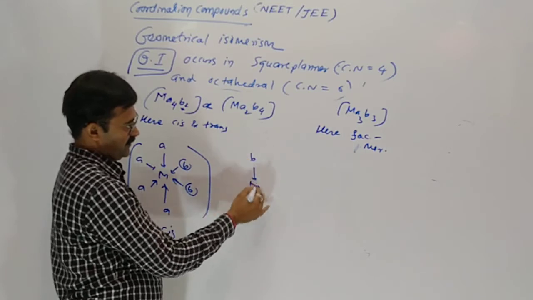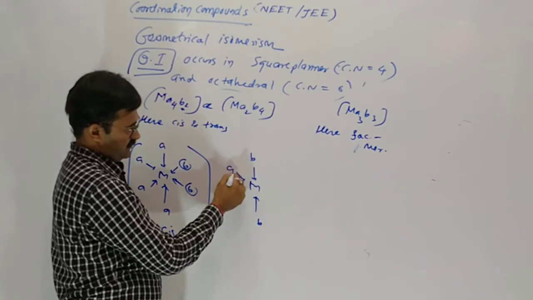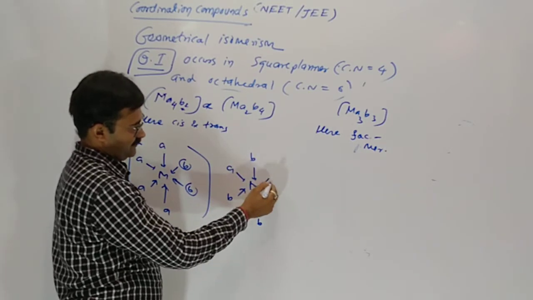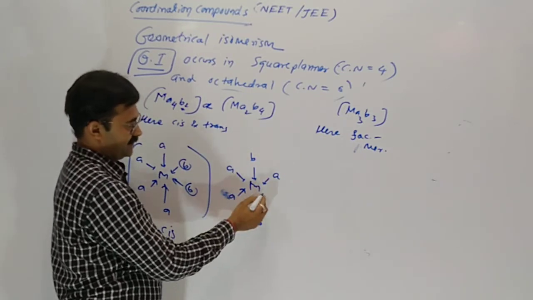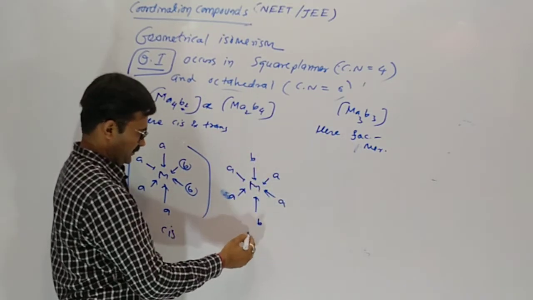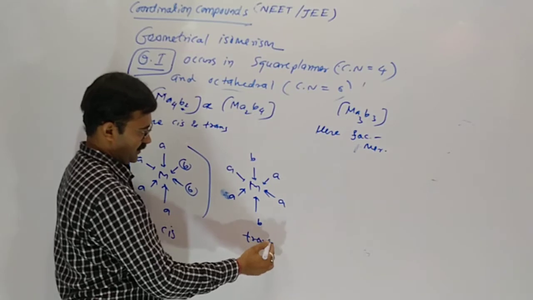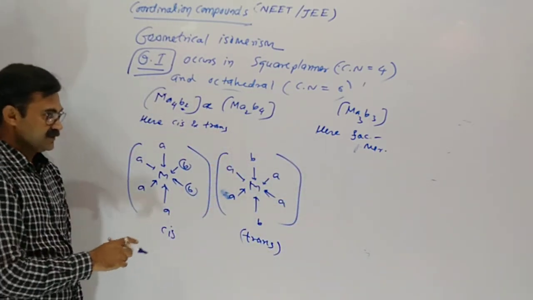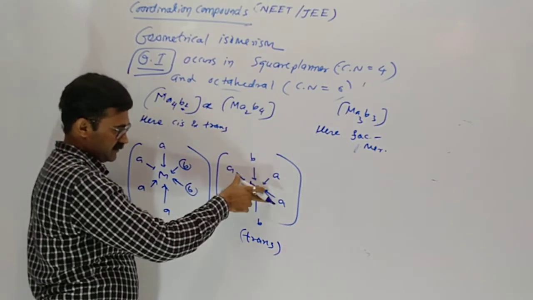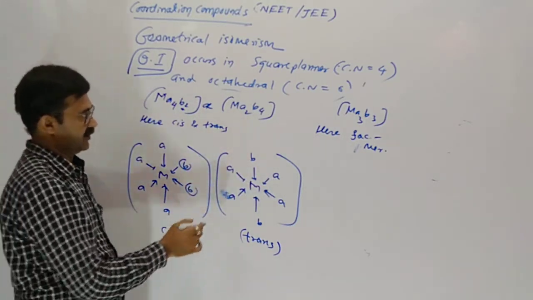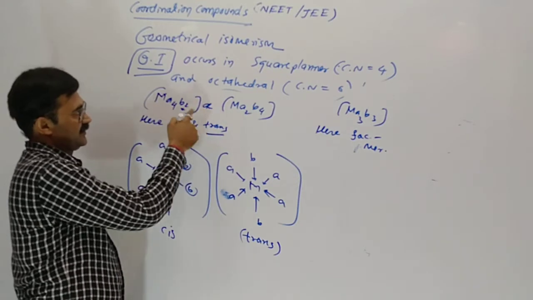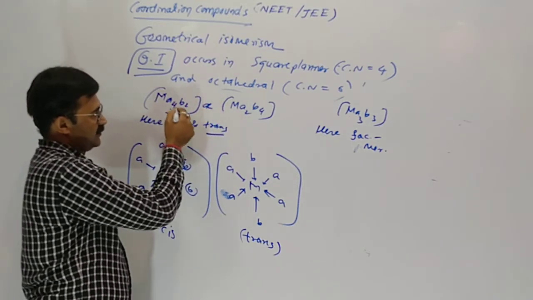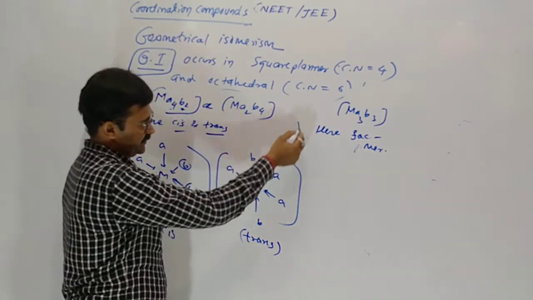If two B are at 180 degrees opposite to each other, it will be trans. Here or here, yes, it's applicable. So in this type of entity, all the ligands are monodentate, so they give cis and trans.